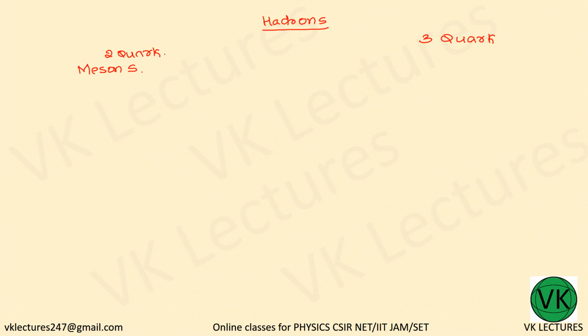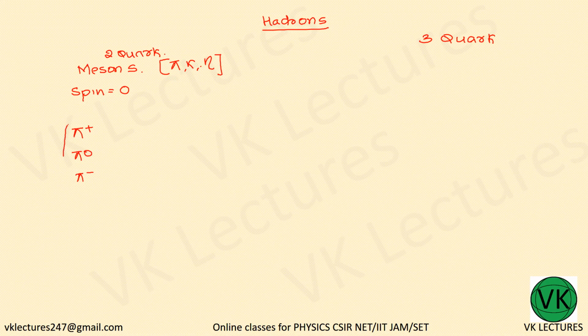Now the main mesons are pi, K and eta. These are the main mesons. Spin of meson is equal to 0. Now what are the meson groups? We have pi plus, pi naught and pi minus.